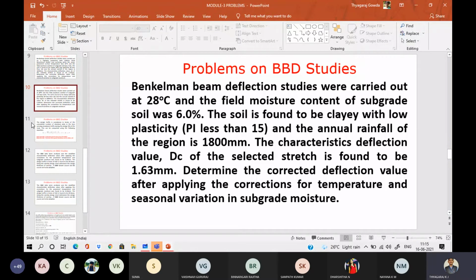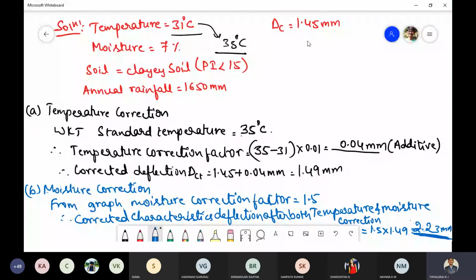Completed? Yes, sir. The same type. Others completed? So note down the same things. What temperature have they given? 28 degrees Celsius. Moisture content? 6%.